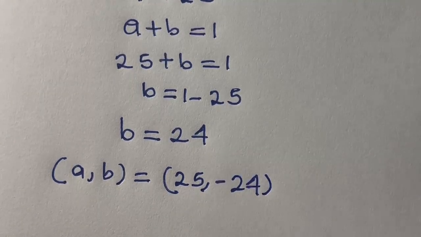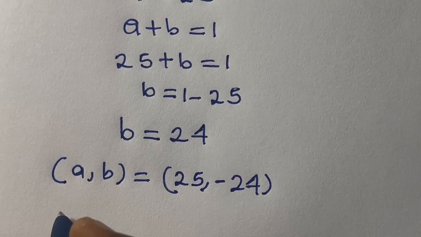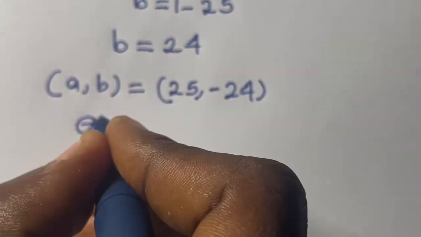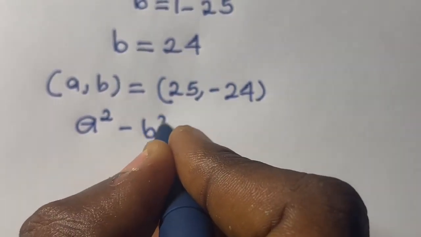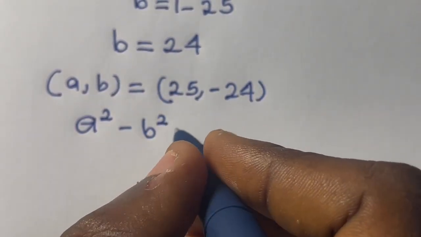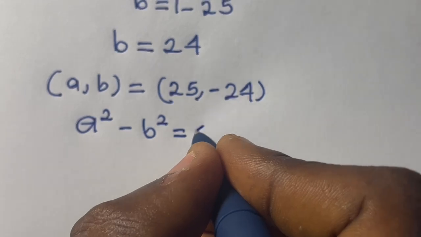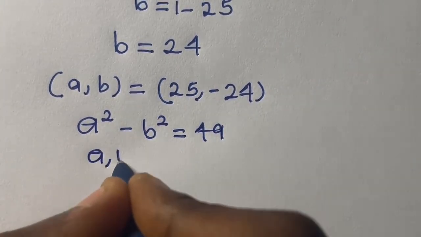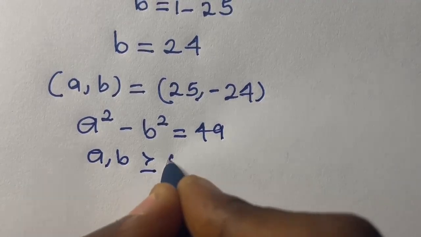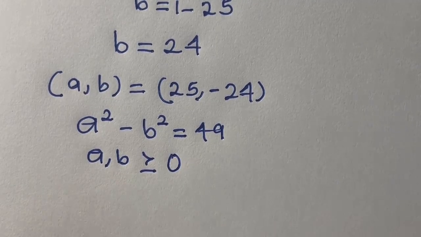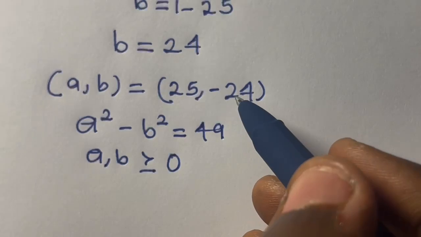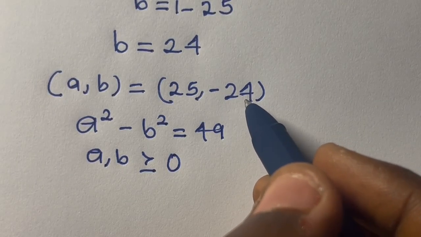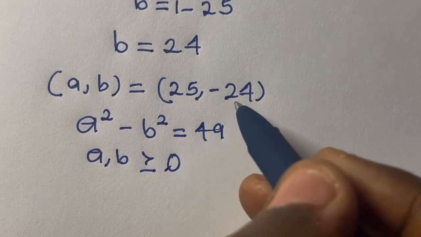But don't forget that our given equation is a square minus b square equals 49, given that a and b must be greater than or equal to 0. If we look at this, you will see that the value of b here is less than 0.